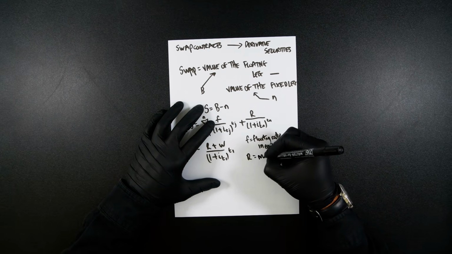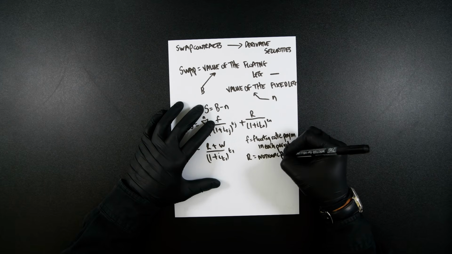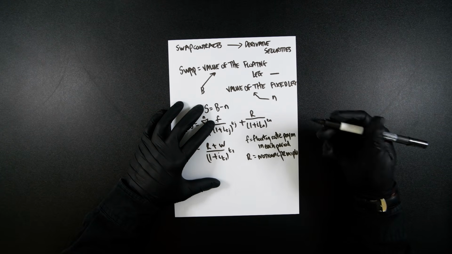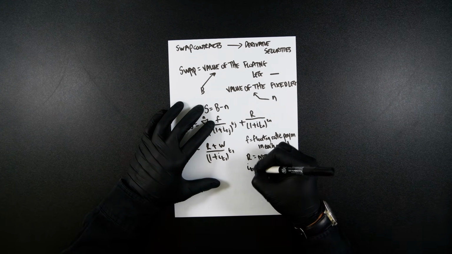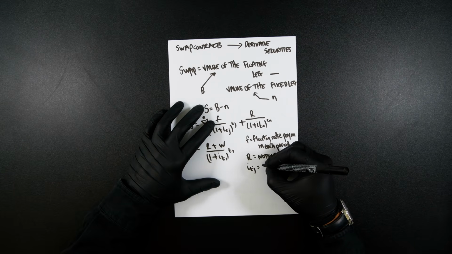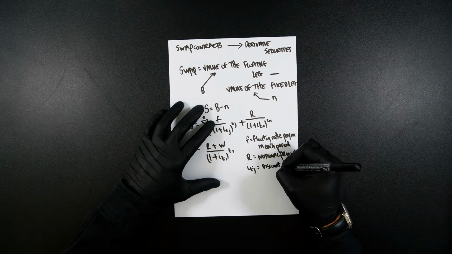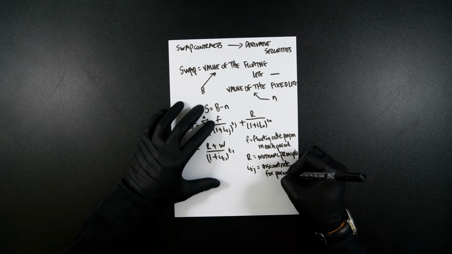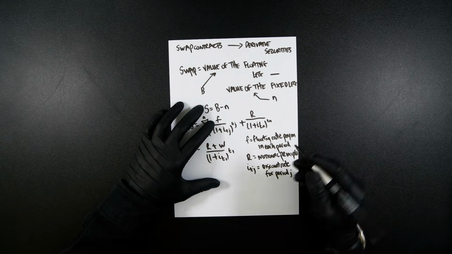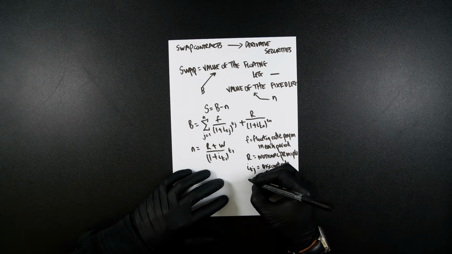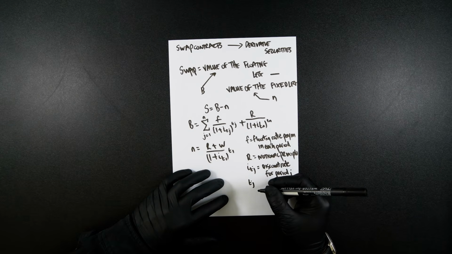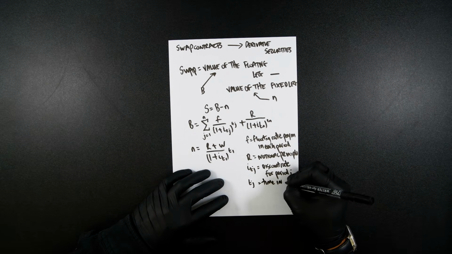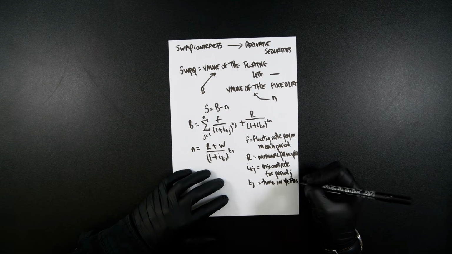R is the notional principal, which is repaid at the end of the swap. i to the Tj is the discount rate for period j. Then Tj, because that's obviously referred to that, is the time in years to the payment. So I'll just write time in years.